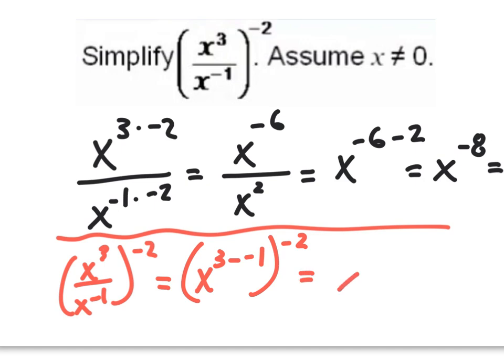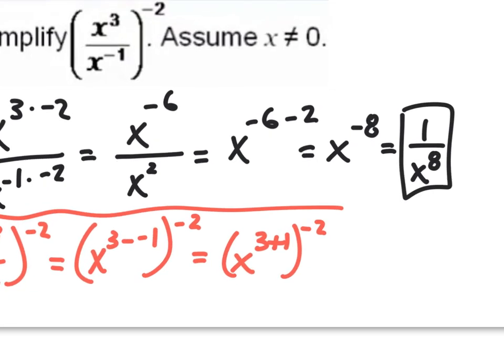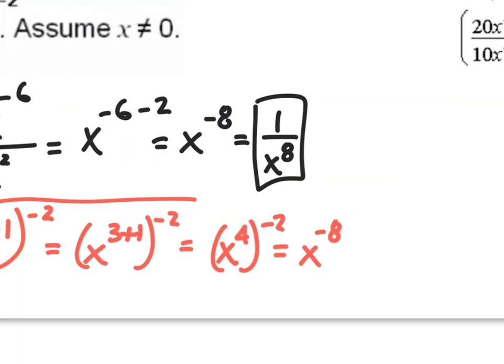So then this is going to give me x to the 3 plus 1 power raised to the -2. And then I've got x to the 4th raised to the -2, which gives me x to the -8th power, because I multiply those. And then that's going to give me 1 over x to the 8th.